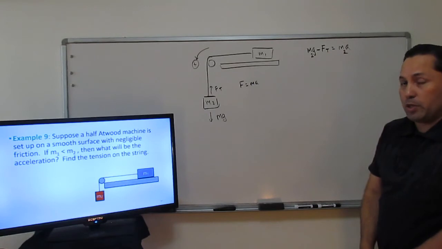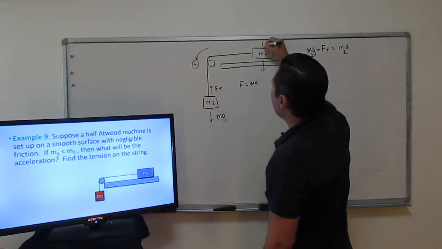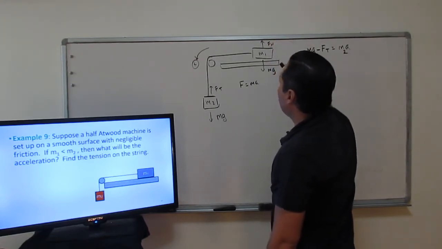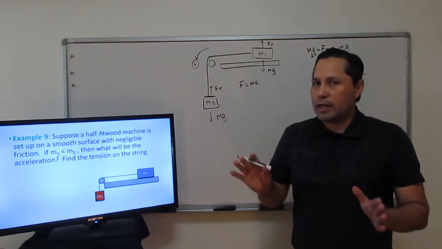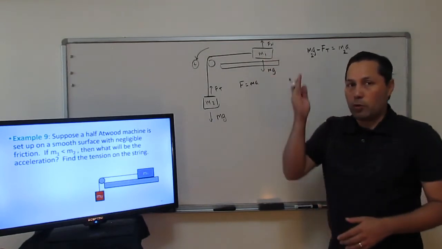Now, for our first object, there are 3 forces acting on it. There is the force due to gravity and the normal force, normal because it's on the surface. Both of those cancel each other out because the object is sitting flat on the table. It's not going up, it's not going down.